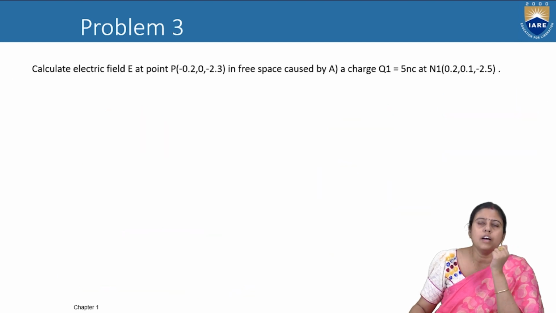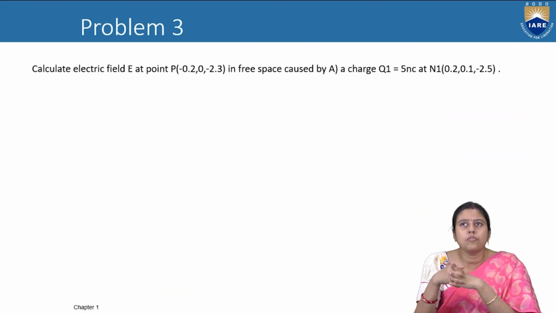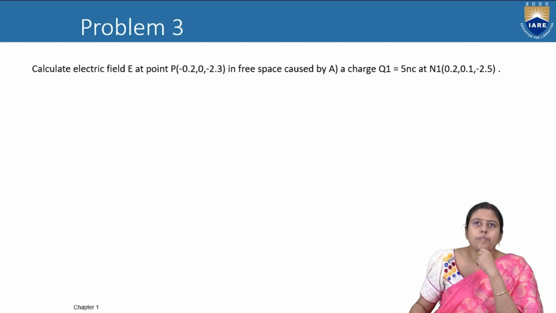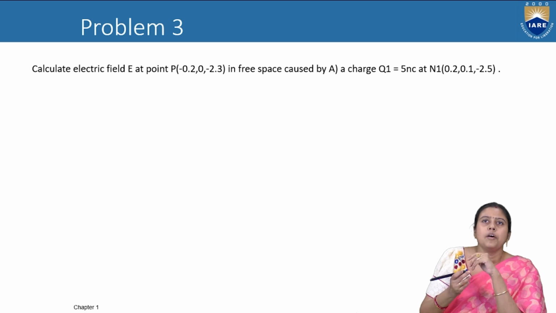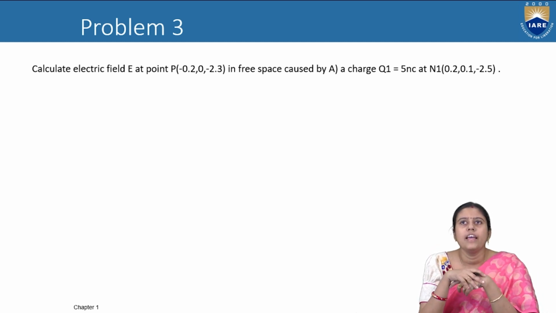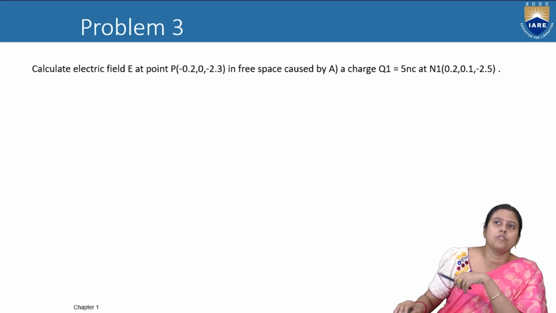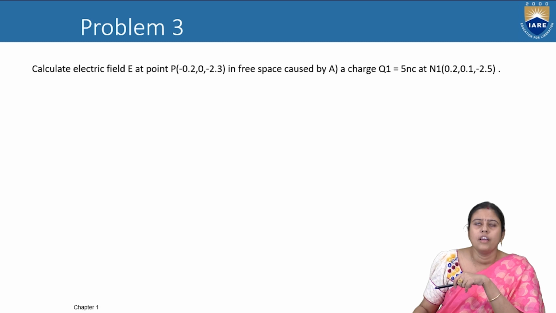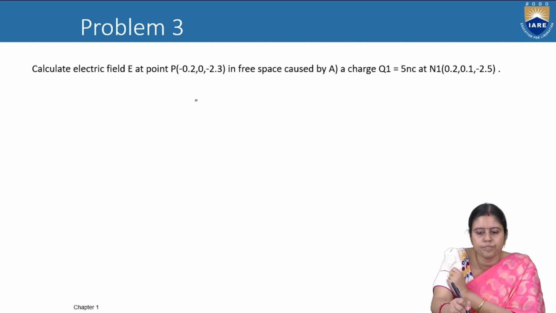Now we are moving to the problem 3. Calculate the electric field E at a point minus 0.2, 0, minus 2.3 in the free space caused by a charge 5 nanocoulomb at this point. So how to calculate again?